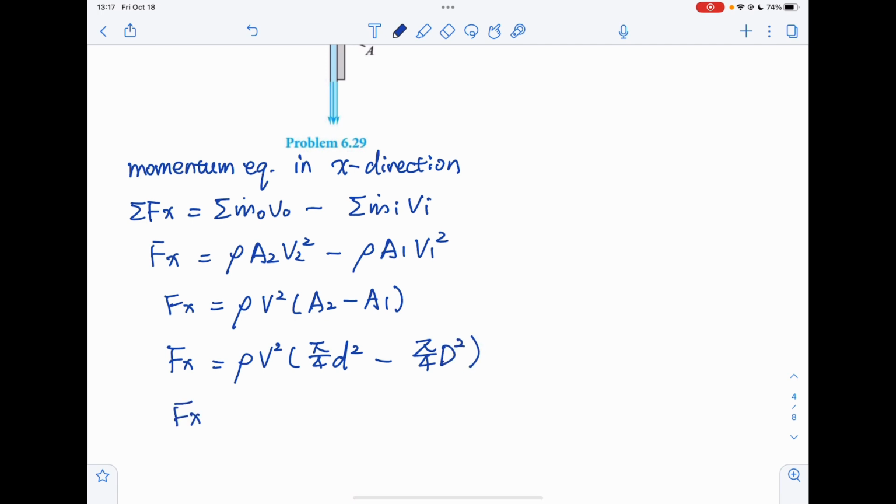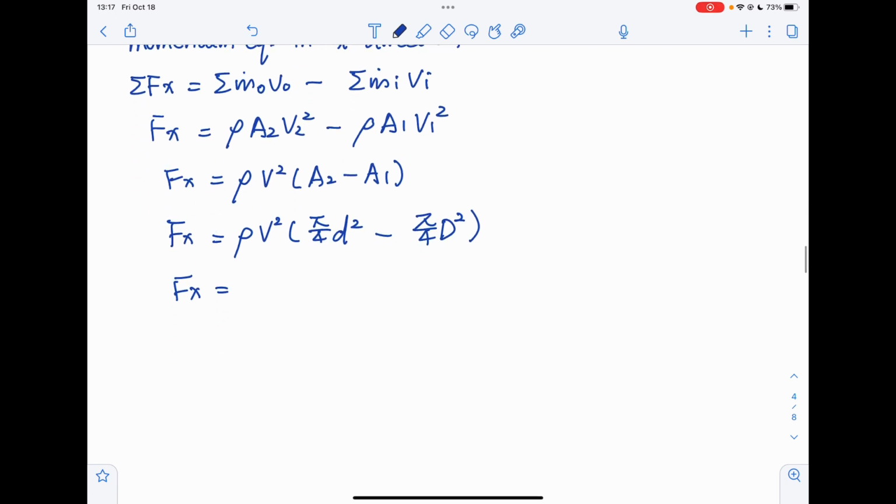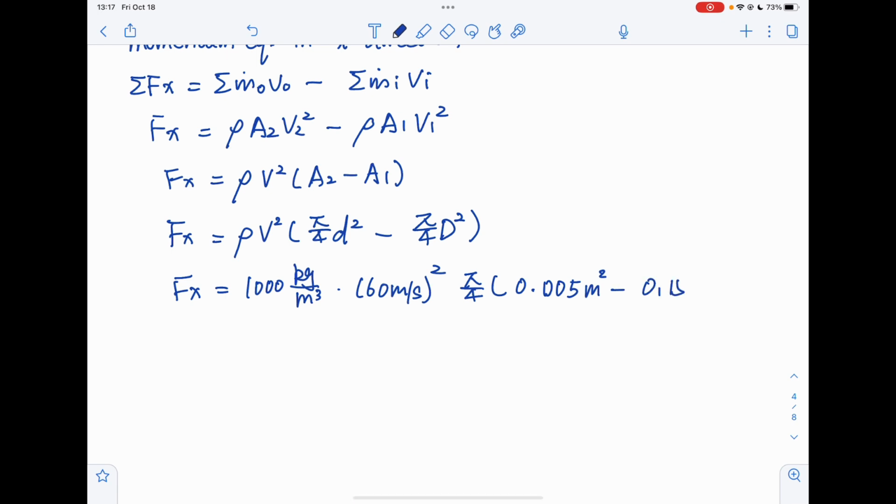So Fx equals the rho of water, which is 1000 kilograms per cubic meter, times the velocity, which is 60 meters per second, squared. We can take out the pi over 4 as well, leaving only the diameters in the brackets: 0.005 meter squared minus 0.15 meter squared.